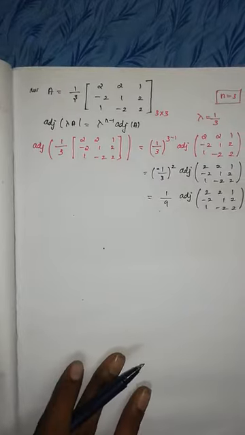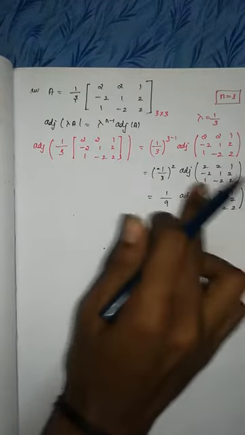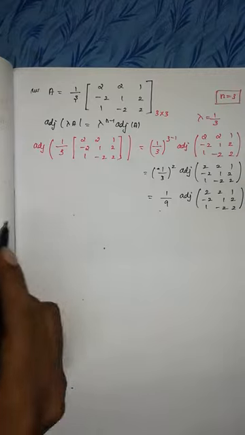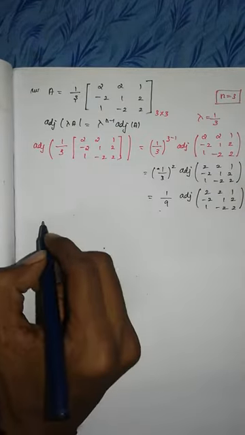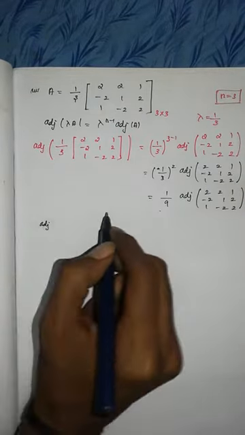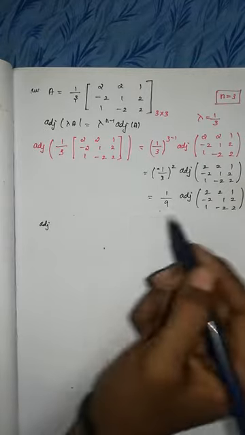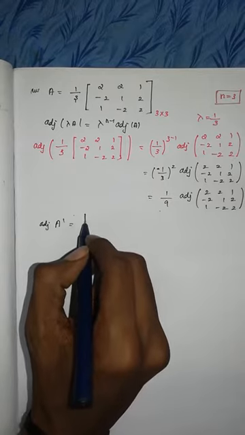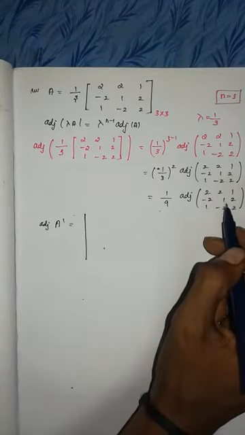So we need to find the adjoint of this matrix and then multiply with 1 by 9 to get the answer. So how can you find the adjoint of this matrix A? I am calling this matrix A dash. So adjoint of A dash is determinant of, you want to start with 1.